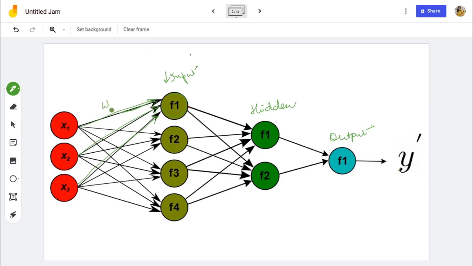weights. Now there is a particular way to write the weights. So here, since this is the first input, we have W1 and this is going into the first node. So W1,1. And since this is the first layer, a superscript of 1.